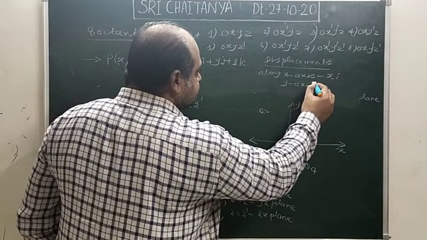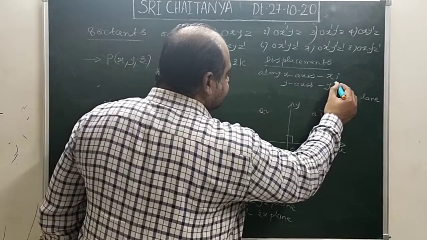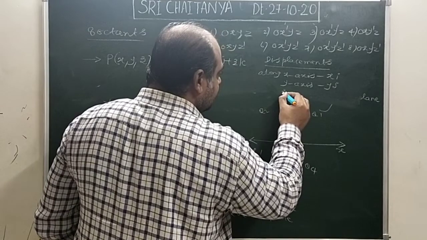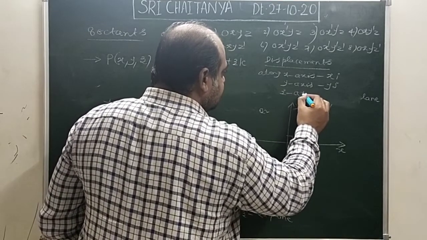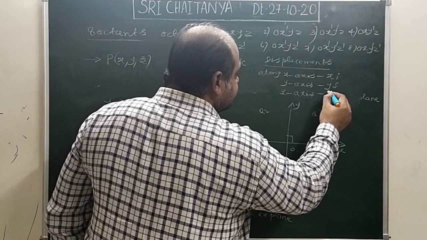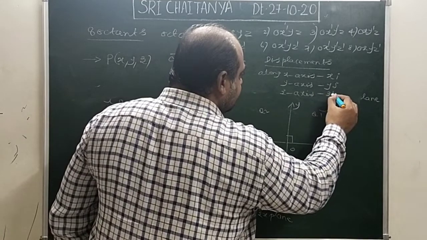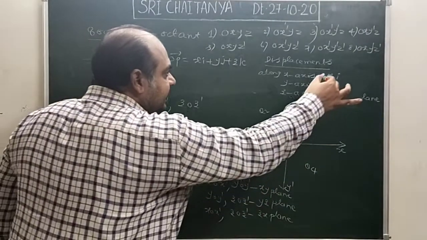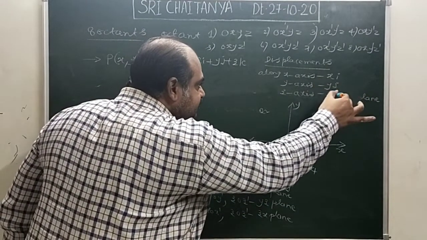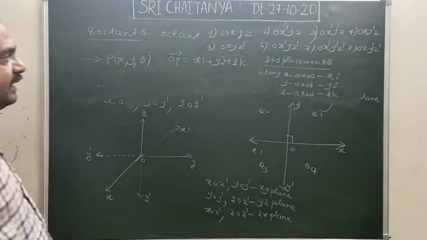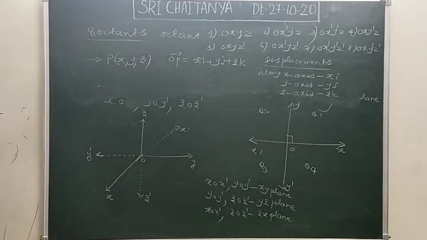Along y-axis, displacement is yj. Along z-axis, displacement is zk. The resultant of these 3 displacements is nothing but the vector xi plus yj plus zk.